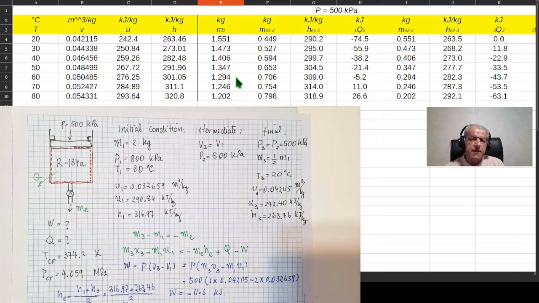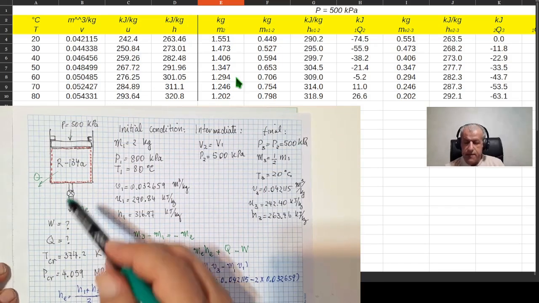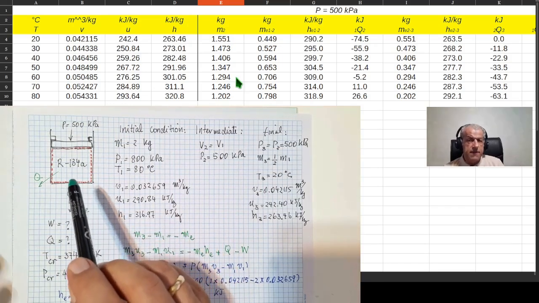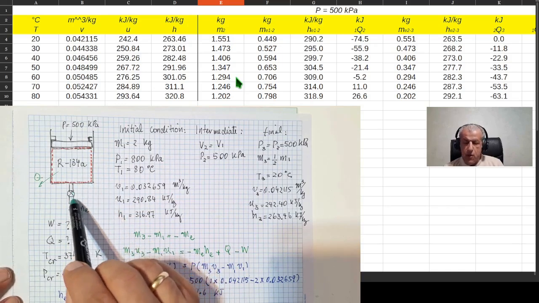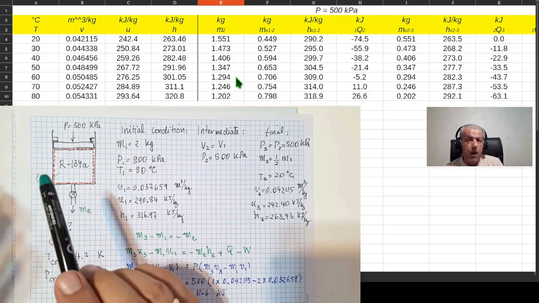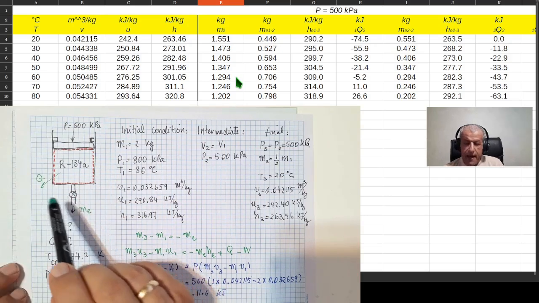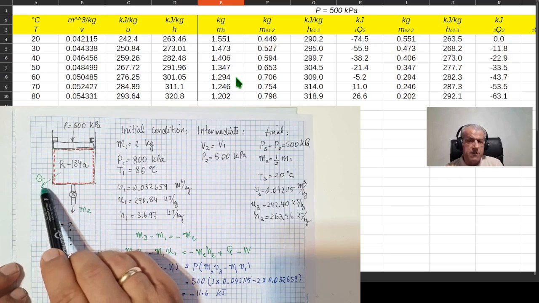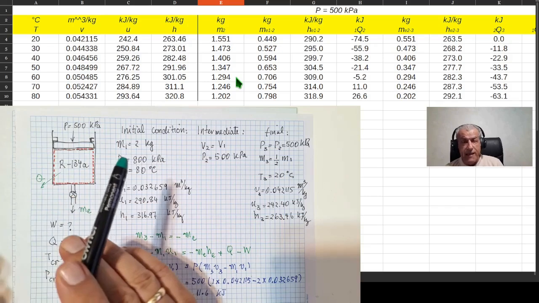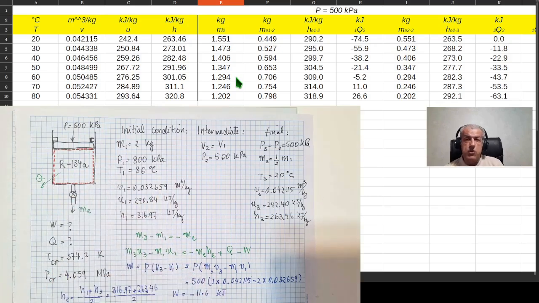And the question is very clear here in this figure. You see, there's a balance between what is the mass that you let out, how much you open the valve, and how much heat transfer happens from the cylinder. Now, this balance could change point two, and all alternatives are there.